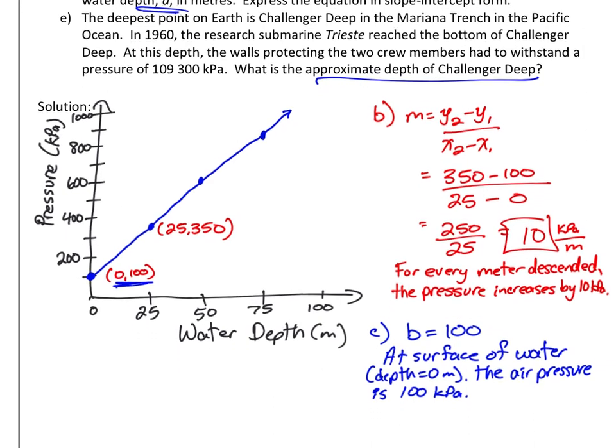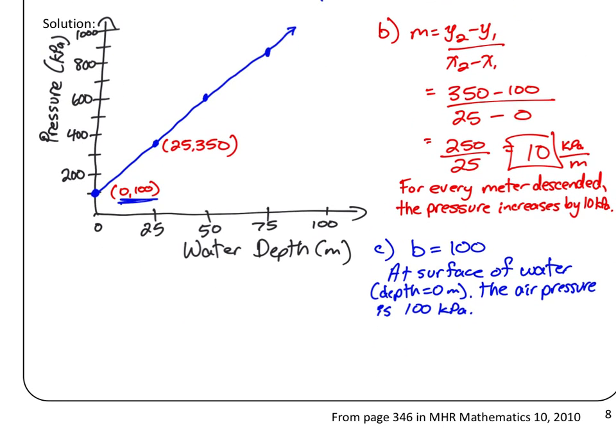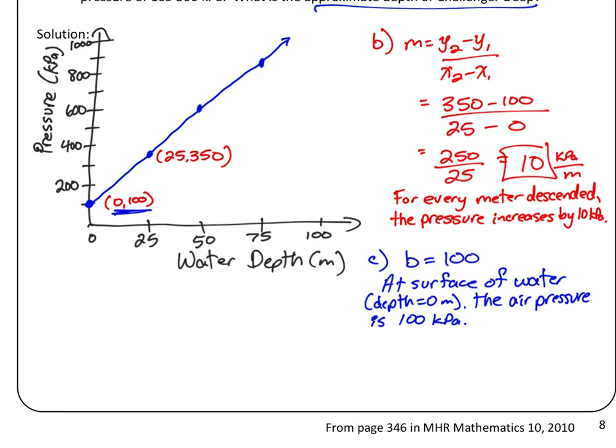Part D is to write the equation in slope-intercept form using P for pressure and D for depth. And so when we write our equation, let's do part D down here. y equals mx plus b is slope-intercept form. Well, we figured out the slope was equal to 10 kilopascals, and the x variable, we're going to use d for depth instead of x.